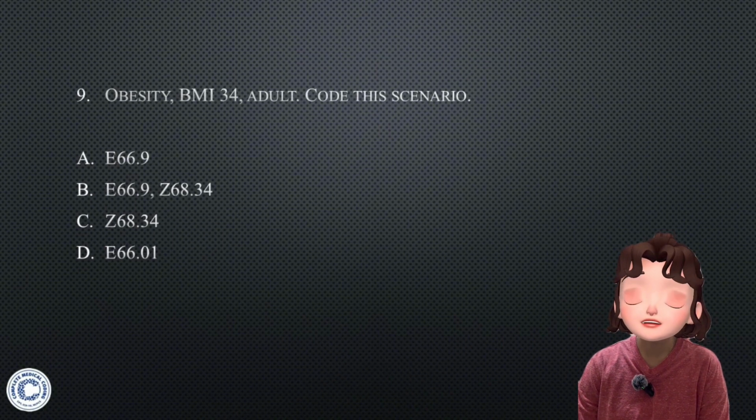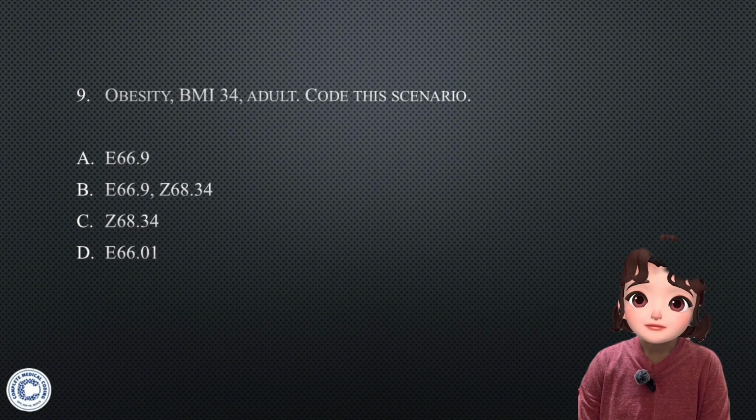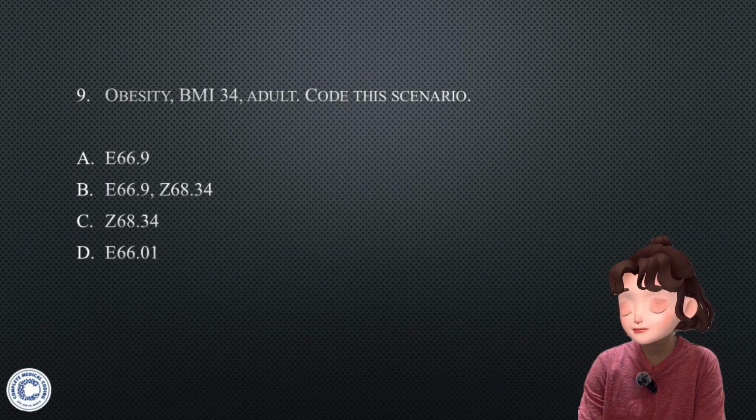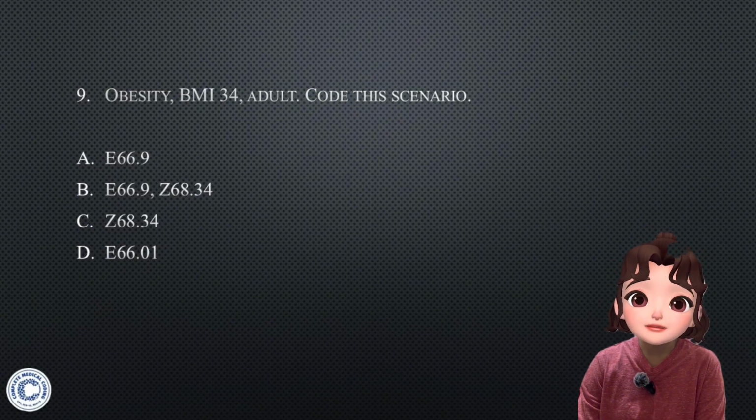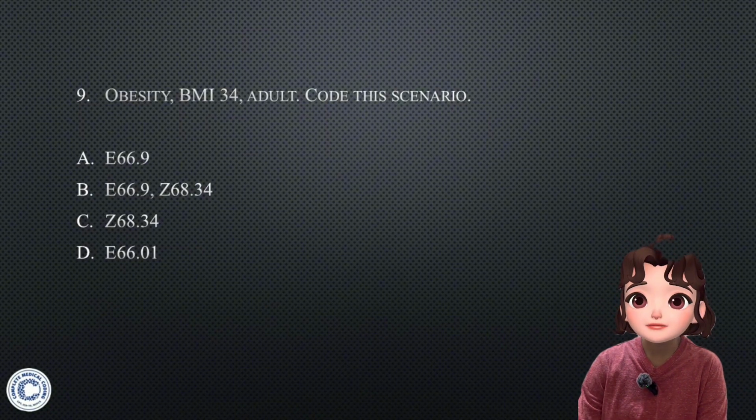Now, ninth question, obesity. Obesity BMI 34, adult. Code the scenario. How will you code obesity? A patient with obesity with BMI 34. Patient is an adult.